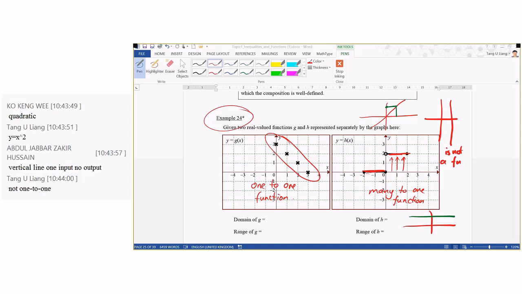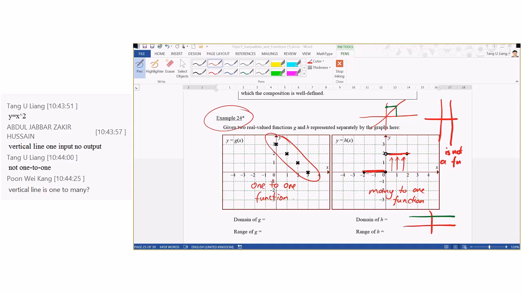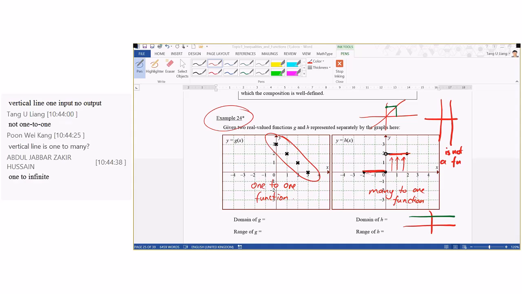That's right, you can describe a vertical line as one to many, but one to many is not a function. One to infinite, in fact. Very true, very perceptive. One input maps to many outputs, so that's not a function.